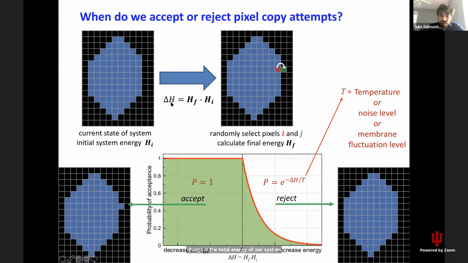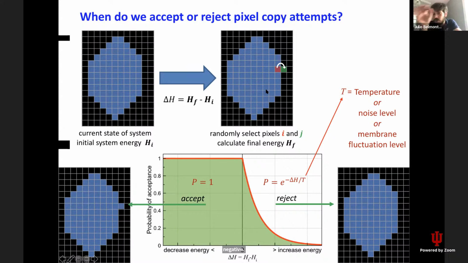So when do you accept the pixel copy? When do you reject the pixel copy? Well, if this pixel flip actually decreases the energy of your system, you always accept the pixel copy attempt. So if your change in energy is negative, you always accept the pixel copy.